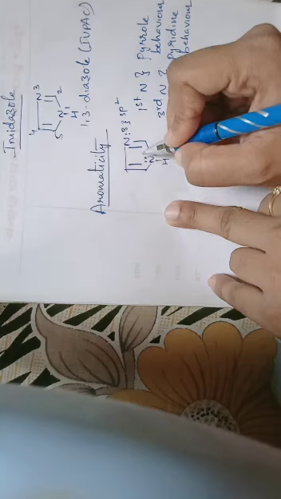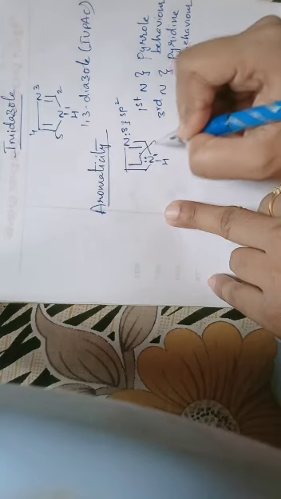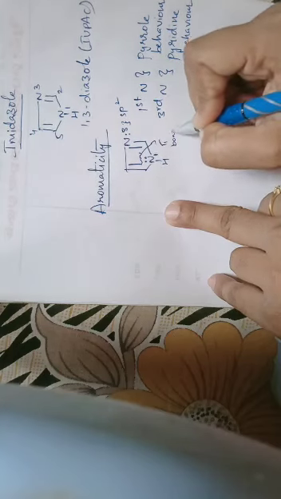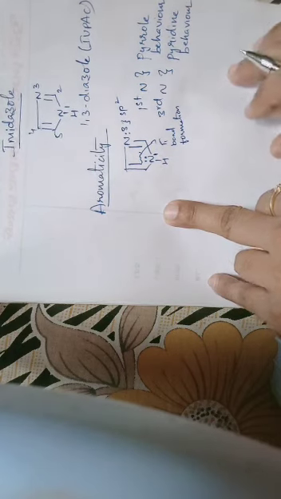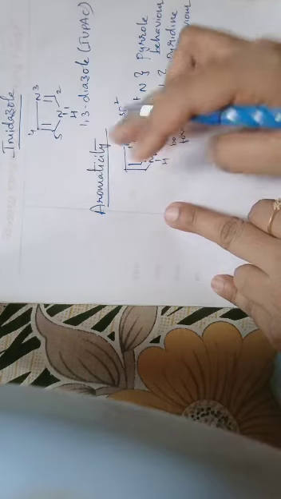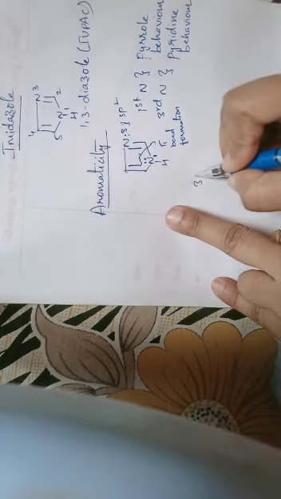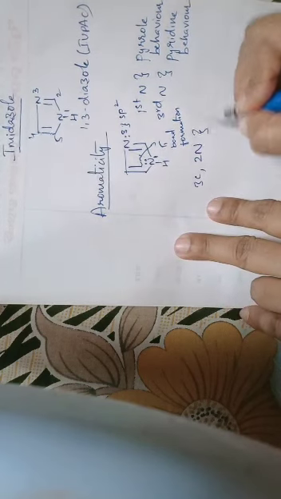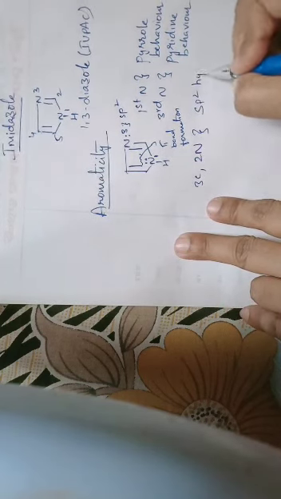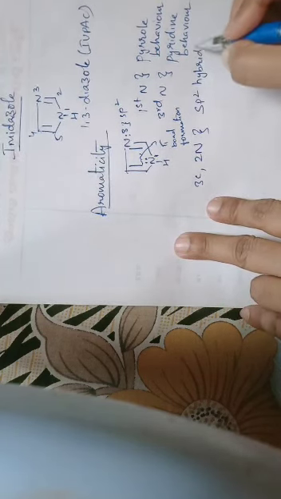Okay, that is clear now. And coming to the hybridization, how many carbons are there? Same here, 3 carbons and 2 nitrogens are there. So all of them are sp2 hybridized.